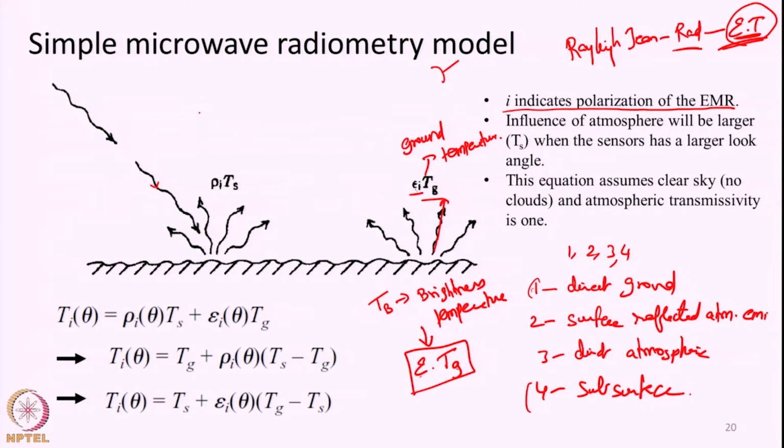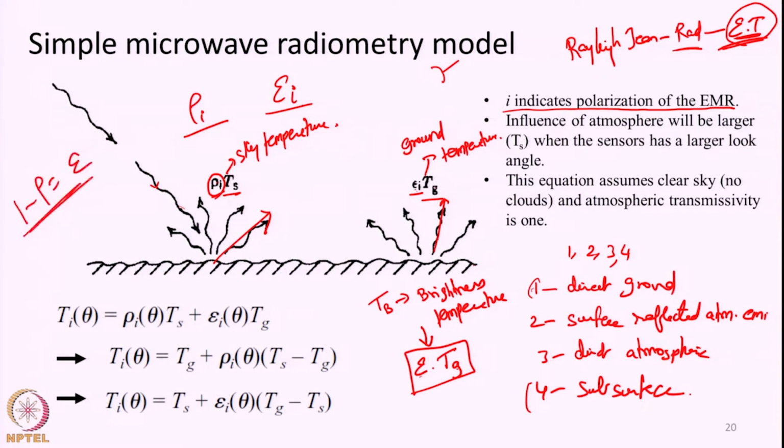We have an atmosphere. The atmosphere has a temperature of Ts, which people call the sky temperature, and the radiance emitted by the atmosphere will move towards the earth surface, and a portion of it will get reflected towards the antenna. So, here the surface has a reflectance of rho I and an emissivity of epsilon I. These are related by Kirchhoff's law, which suggests that 1 minus rho is equal to emissivity.